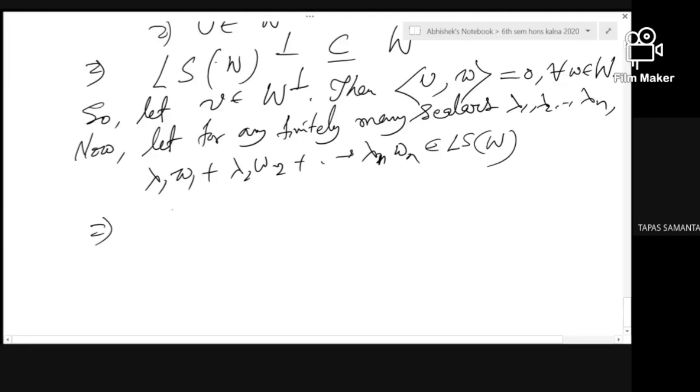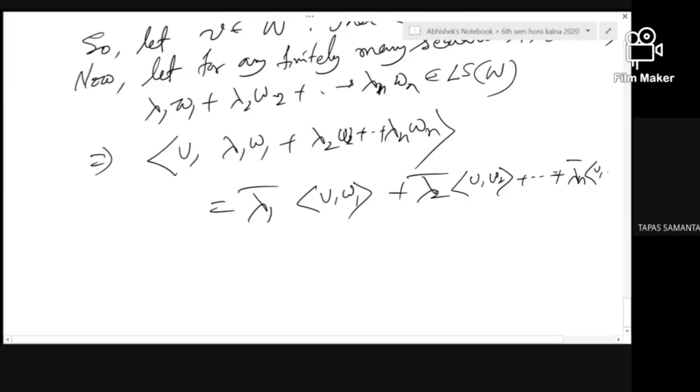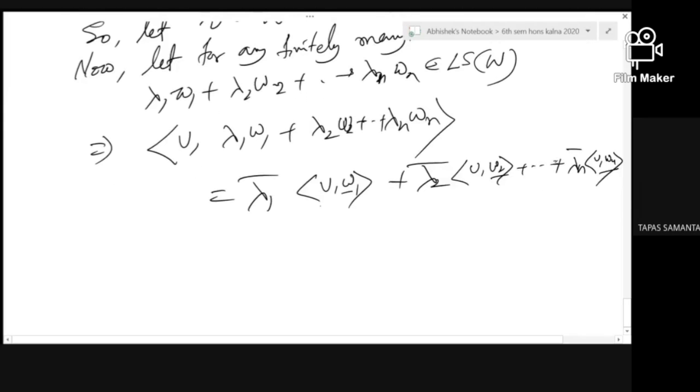So this implies the inner product of V with lambda 1 W1 plus lambda 2 W2 plus ... plus lambda n Wn will be lambda 1 bar <V, W1> plus lambda 2 bar <V, W2> plus ... plus lambda n bar <V, Wn>. Now since each of W1, W2, ..., Wn is a member of W, these inner products are all 0.